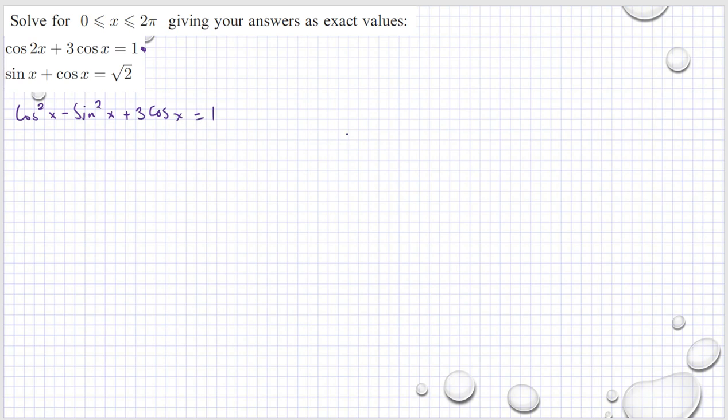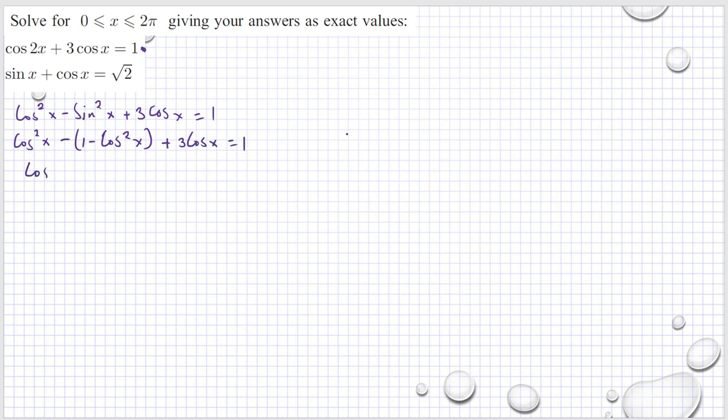And then sine squared x is 1 minus cosine squared x, because I only want cosine right now. Cosine squared x, and then we have plus 3 cosine x is equal to 1.